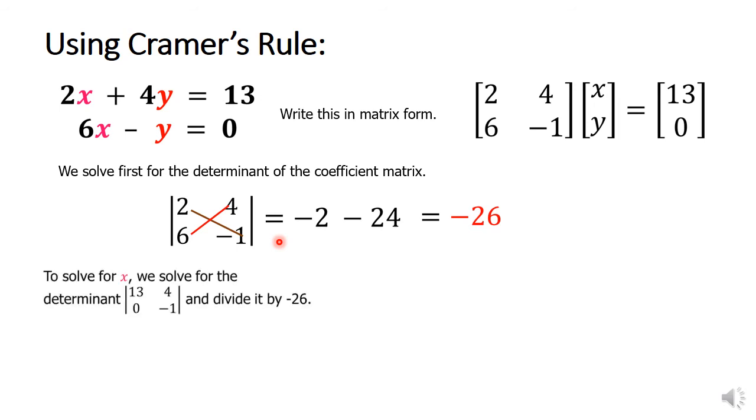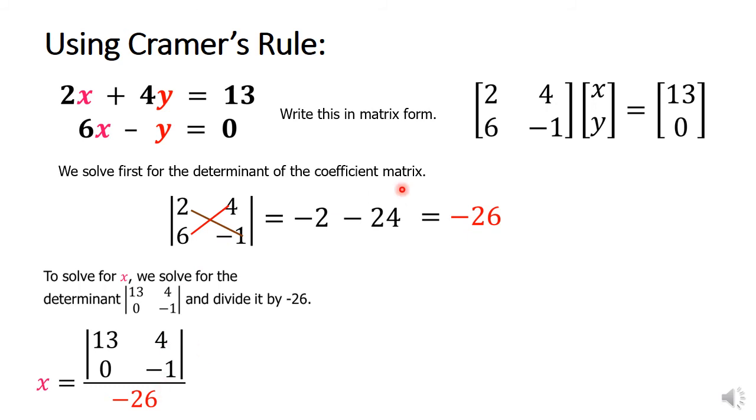So for x, what happened was, instead of 2, 6, the column for the coefficients of x, it was replaced by the constants, 13, 0. Again, the variable we're solving for, its column is replaced by the constants. So we have 13, 0, and then we preserve the other column, that's 4, negative 1.